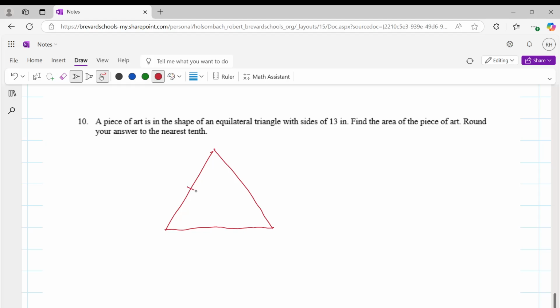If all the sides are the same, all of these angles are the same. And if all of the angles in a triangle are the same, then they're all equal to 60 degrees. So right here, we've got 60 degrees.